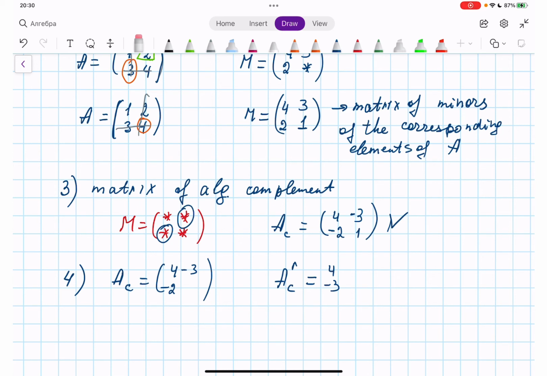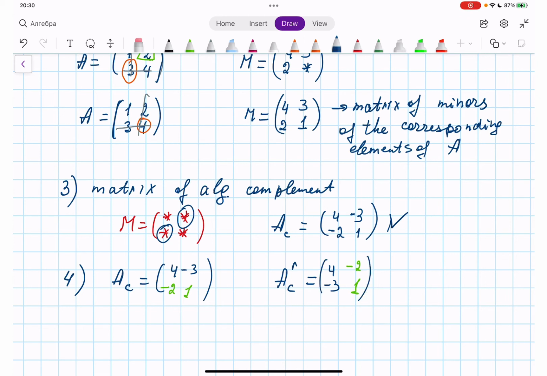What did I have here? 1. This is what I will do. Negative 3, highlight, let's say blue color, and negative 2 and 1, I will highlight with green color. Okay, now 4 and negative 3 become our first column, and negative 2 and 1 will become the second column. There we go. This is much better.